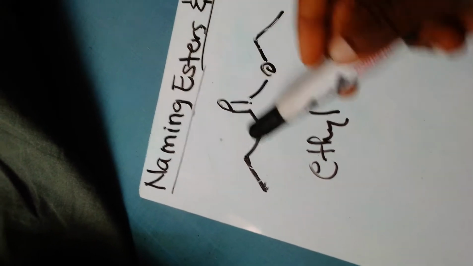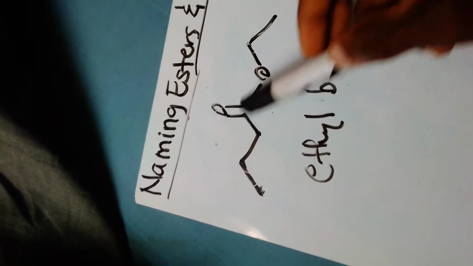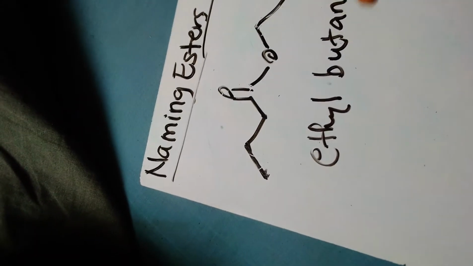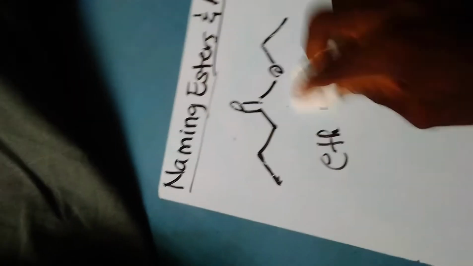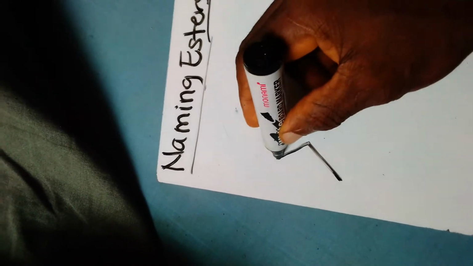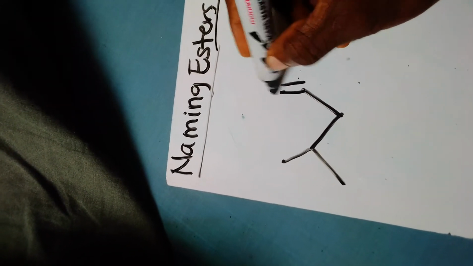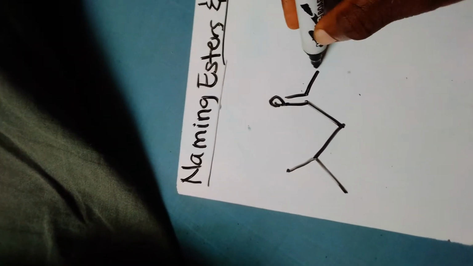If let's say here was a pentanoic acid, it becomes ethyl pentanoate. Let's take another example. Let's assume we have this as an ester.